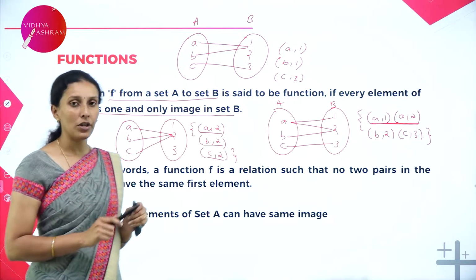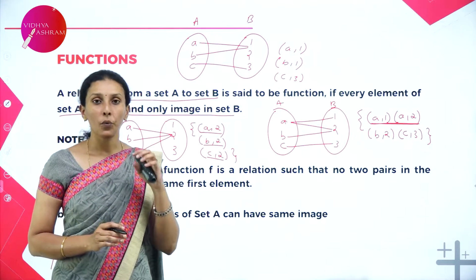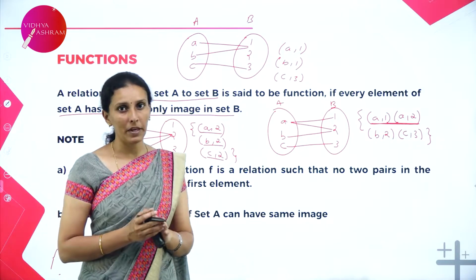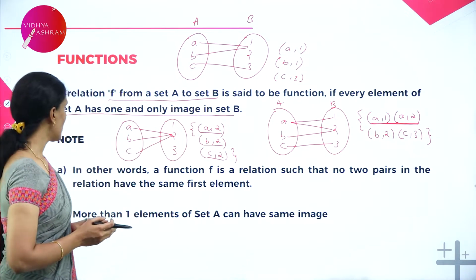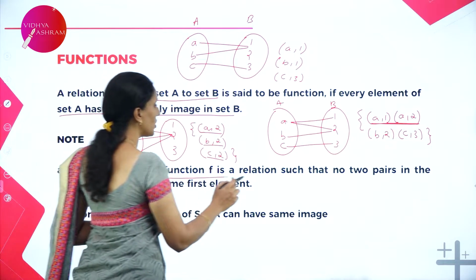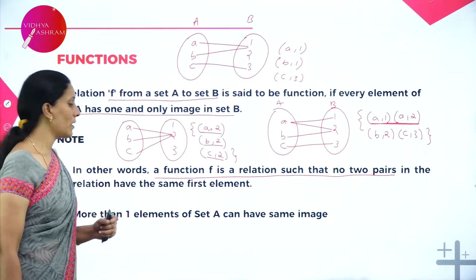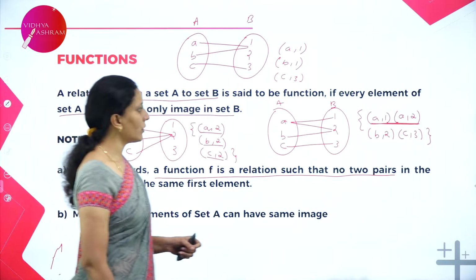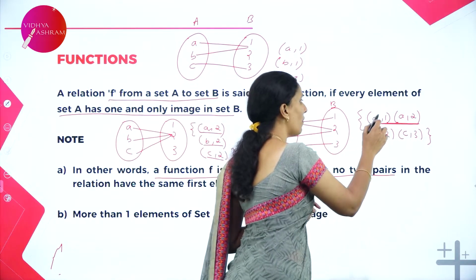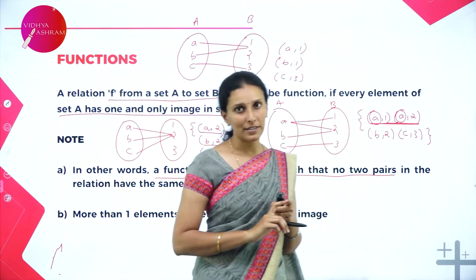Thus, a function from set A to set B is nothing but a relation where every element of set A has one and only one image in set B. Thus, we have the following important things to note here. A function is a relation such that no two pairs in the relation have the same first element. Here you can see these two pairs have the same first element: (a, 1) has the first element a, and (a, 2) also has the first element a.